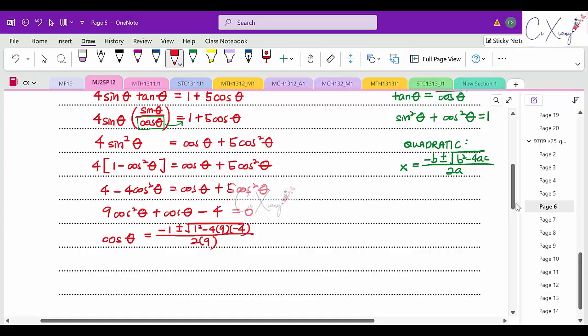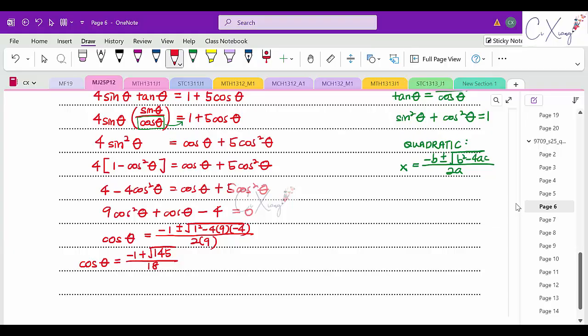If you simplify further, you get two answers here. The first answer is cos theta equals to negative 1 plus square root 145 divided by 18. For the second equation, you will get cos theta equals to negative 1 minus square root 145 divided by 18.